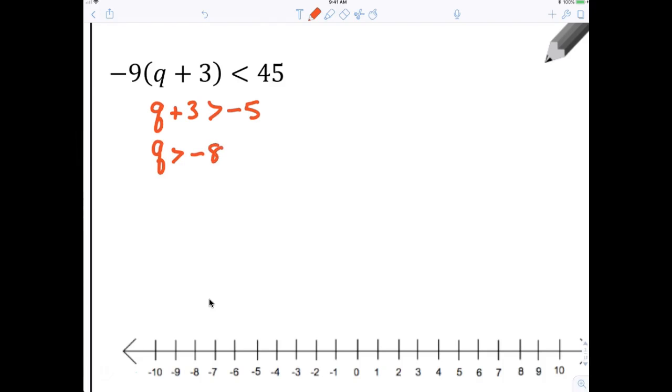Do you understand that, Will, or not? Instead of distributing, I went ahead and I just divided first. No, I'm not distributing a negative. I'm dividing by negative 9. You sure you're okay? I'm dividing by negative 9.